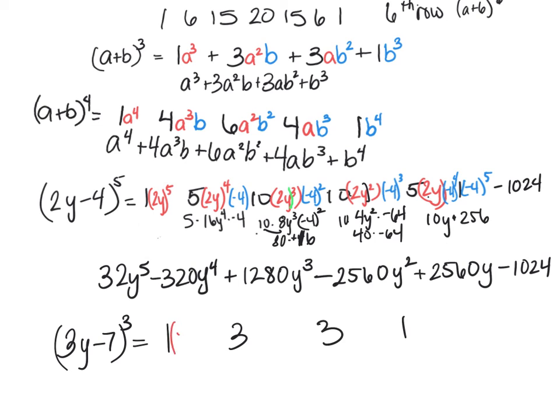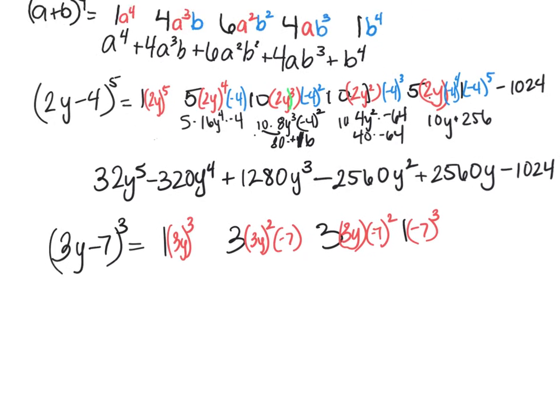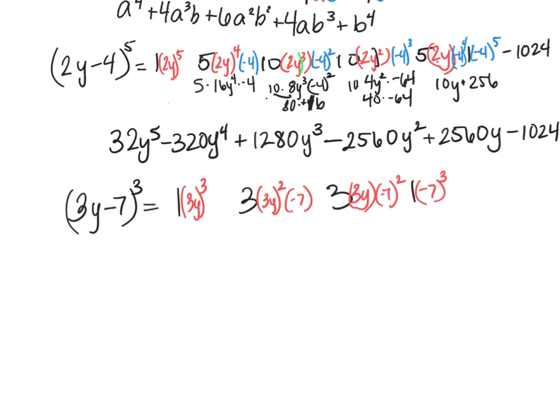And I get 3y cubed, 3y squared, and 3y. And then I start with negative 7 cubed, negative 7 squared, negative 7, and then no negative 7. So then 3 cubed is 27. So 27y cubed.